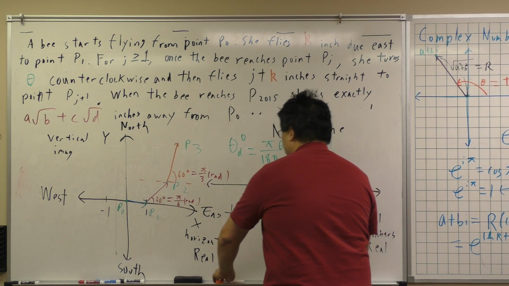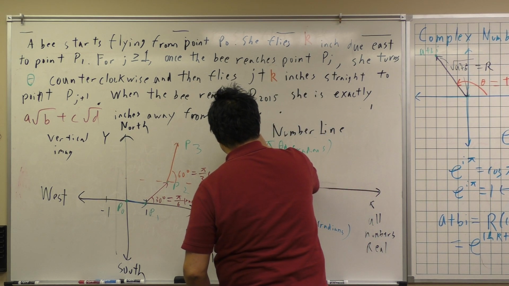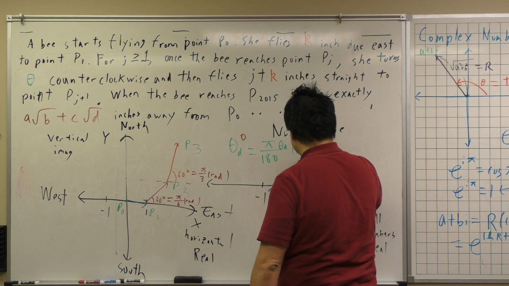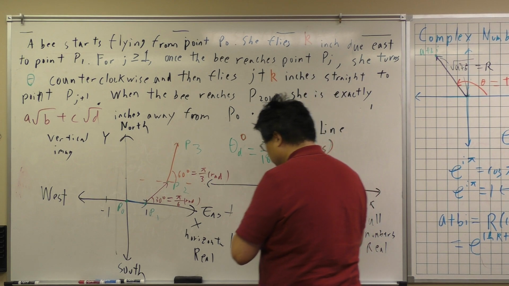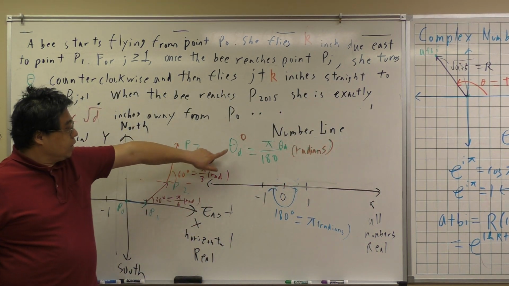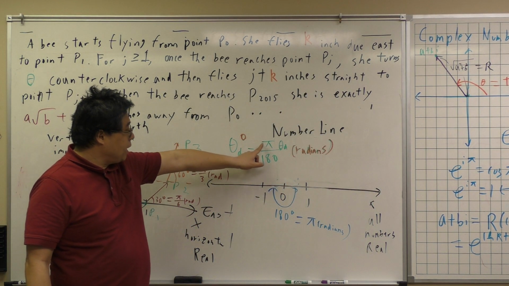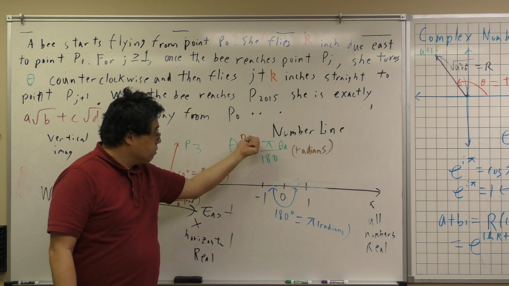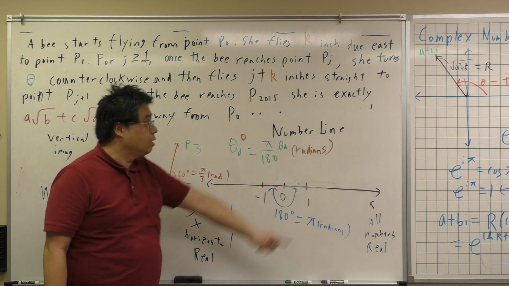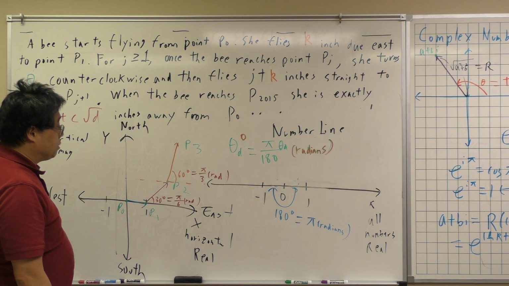And I might as well highlight what the units are. The unit here is radians, which is actually a dimensionless quantity. So theta in degrees equals pi times theta in radians divided by 180. The unit here is degrees, the unit here is radians, so you can always change to that.